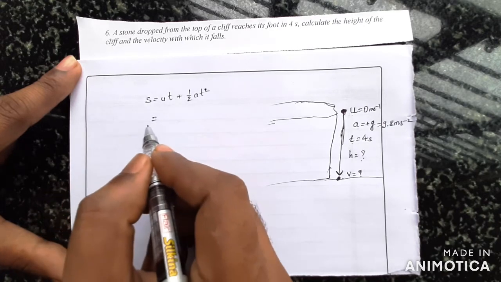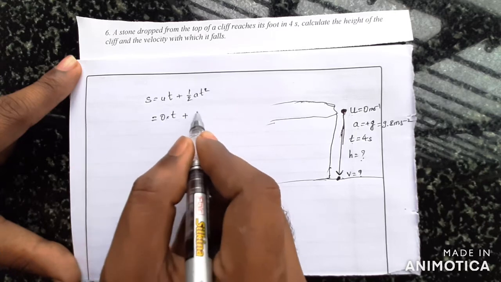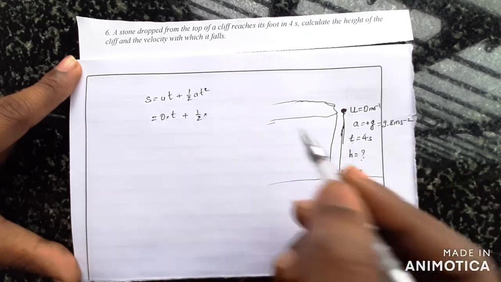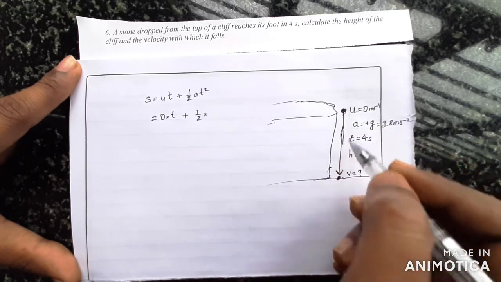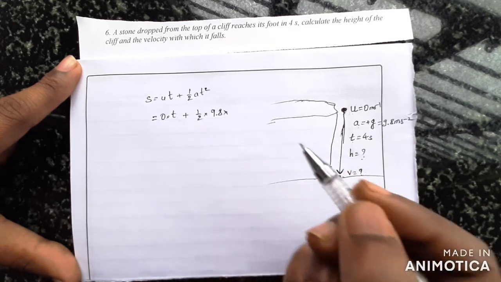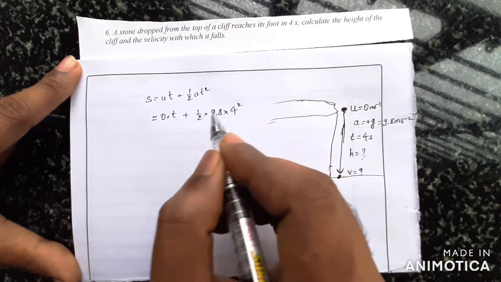Now what is u? Initial velocity is 0 into t plus half into a, the acceleration with which the body falls, 9.8 into t squared, 4 squared.